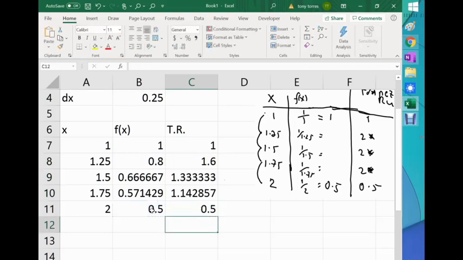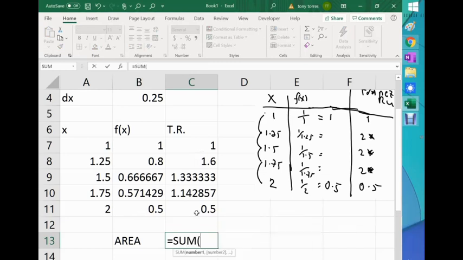Now, what's the area? Let's put it here. The area that we are talking about here will be the sum of all these numbers as established by the trapezoidal rule for n steps. So that would be the sum of all of them.